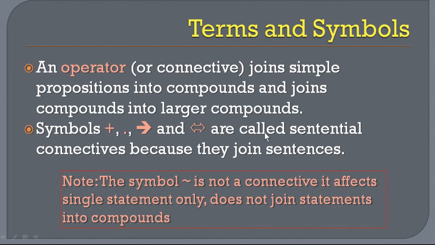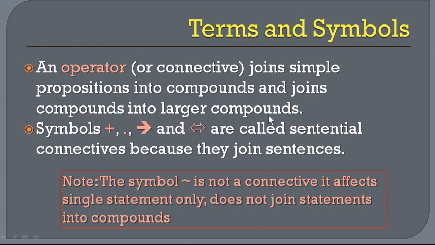Now you are going to see what an operator is. An operator is nothing but the connective. Just now we have seen an and, which is a connective. Here you are going to see some symbols used to connect. An operator joins simple propositions into compounds and joins compounds into larger compounds.